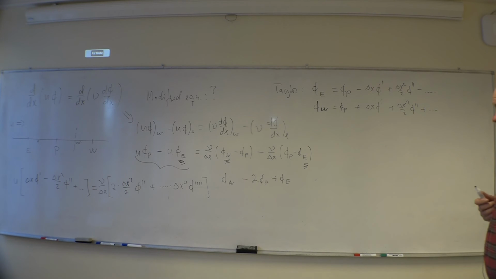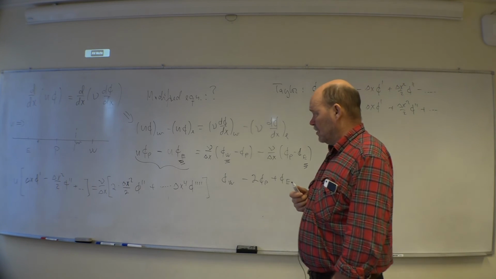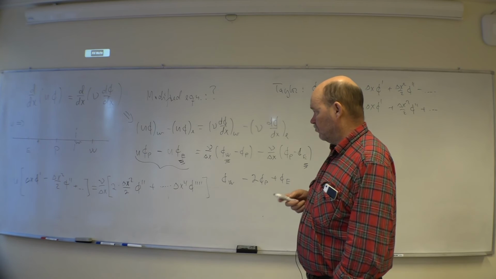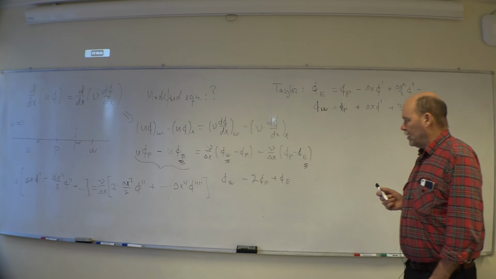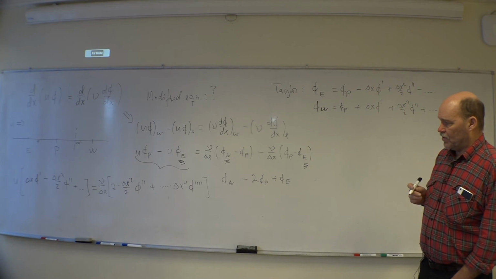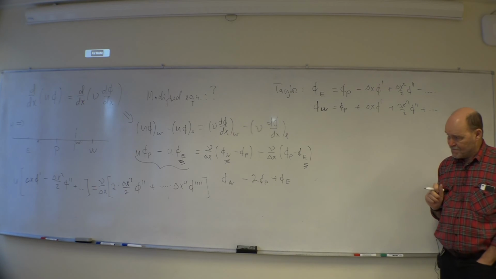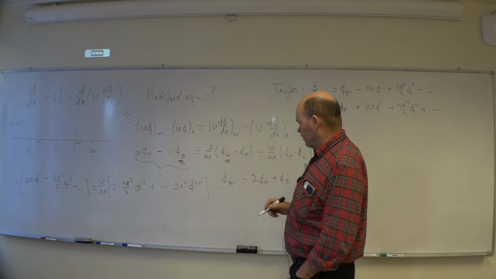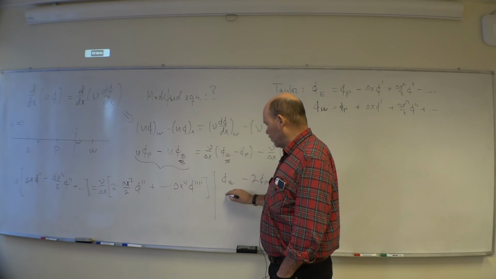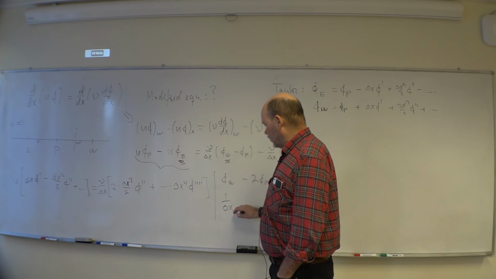Now, is it consistent? Well, to make a consistency check, you should get your original partial differential equation back. And to see it here, you take the entire equation and you multiply by 1 over delta x.